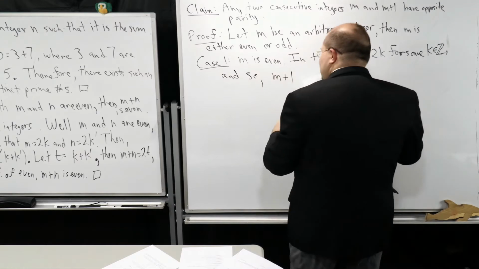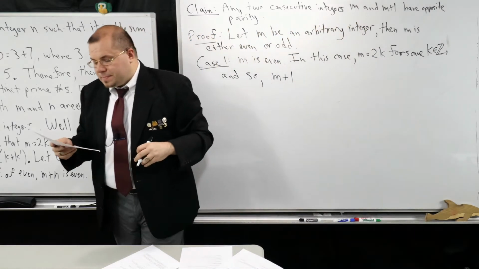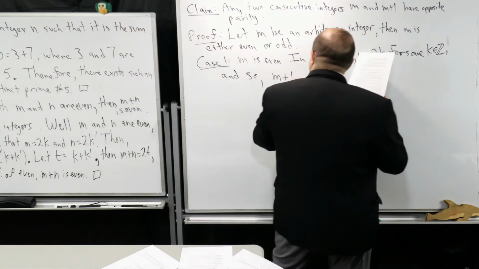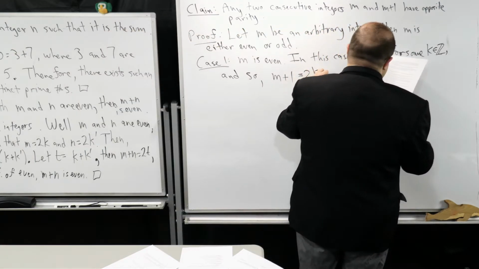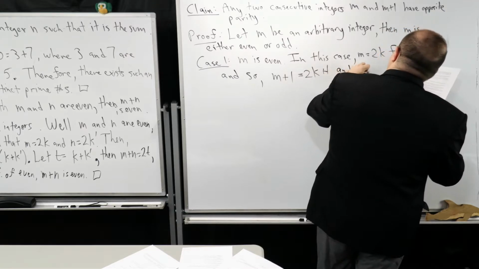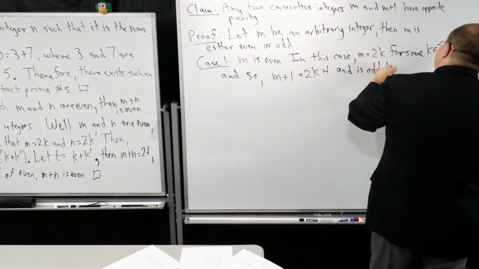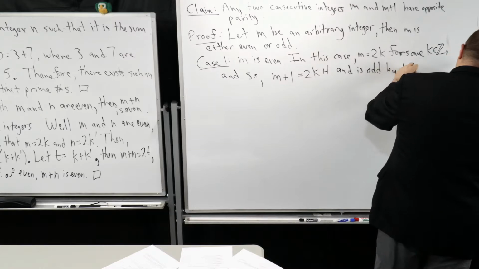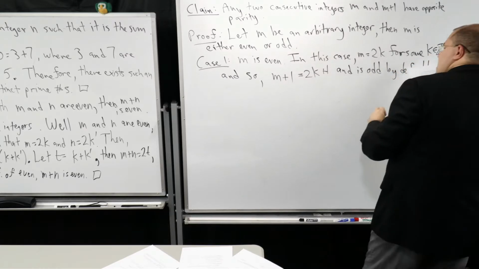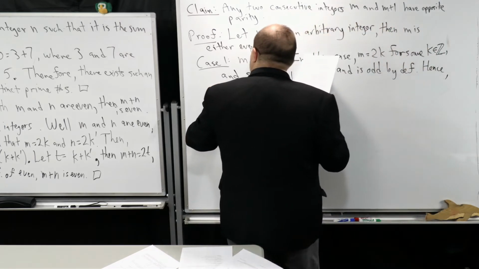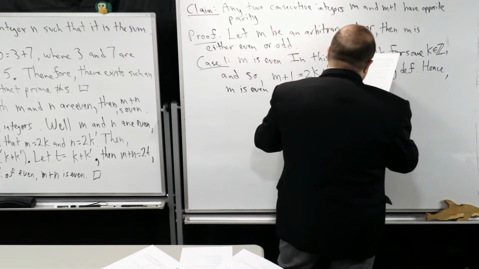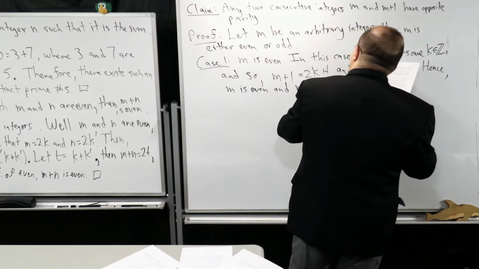If m is equal to 2 times k, m plus 1 is then equal to 2k plus 1, and that is odd by definition. Hence, m is even, and m plus 1 is odd.